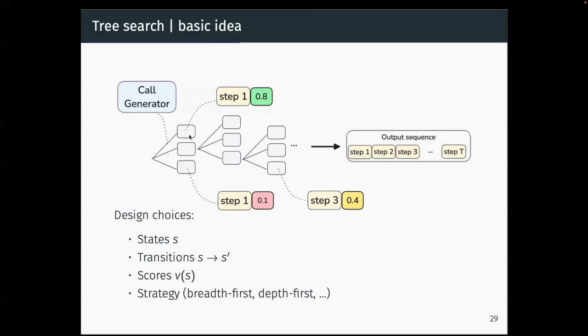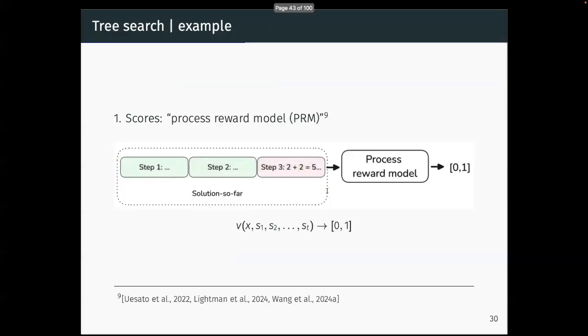And what you have to do is determine what are your states or what are the nodes? What do these different transitions mean? How do you come up with the scores for each state? And then what search algorithm do you use to actually traverse through the tree? You can use breadth first search, depth first search, or any tree search algorithm. So this is the general design space of the tree search algorithms.